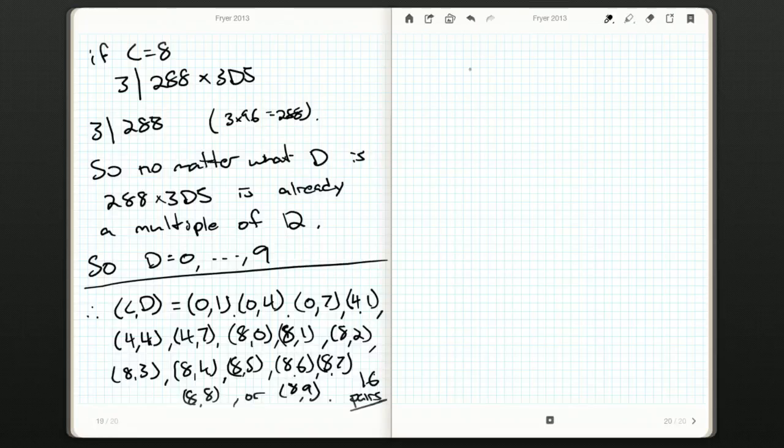So maybe it might help to draw a little bit of a grid. So the question tells us it starts at 0, 0.